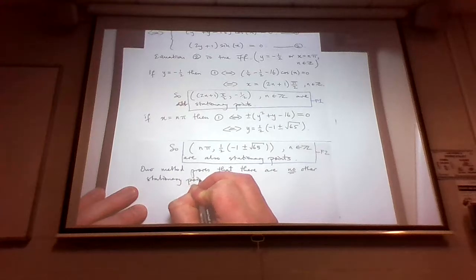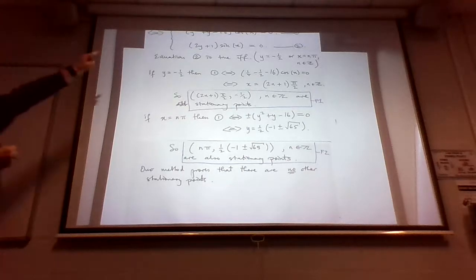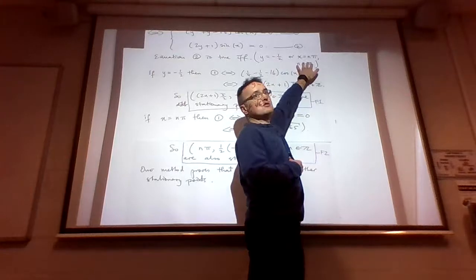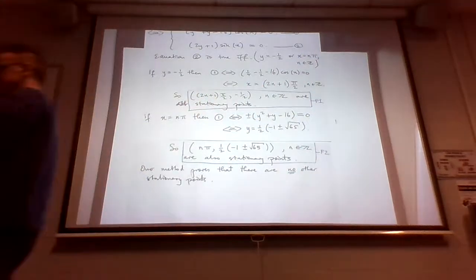That's what I mean about being careful and methodical and having a logical argument which proceeds step by step and captures stationary points, and captures them all. There isn't any other stationary point because a stationary point has to satisfy equation 2, so it has to come under one of these 2 descriptions: either y is minus a half or x is n pi.